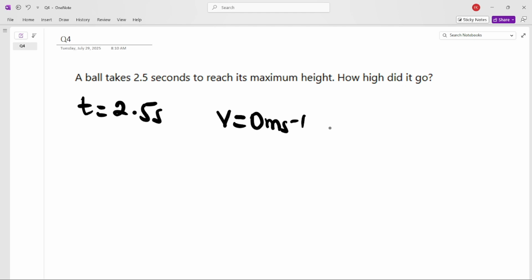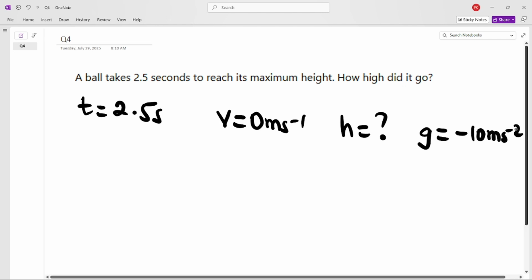Because at the maximum height, v is 0. Very good. Is that all? We are finding h. g is negative 10 meter per second squared. Very good. So now what's next?